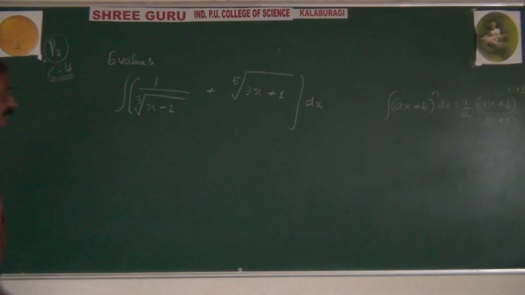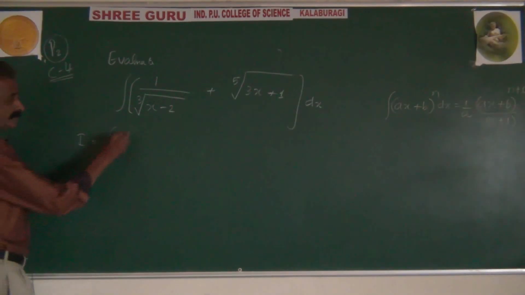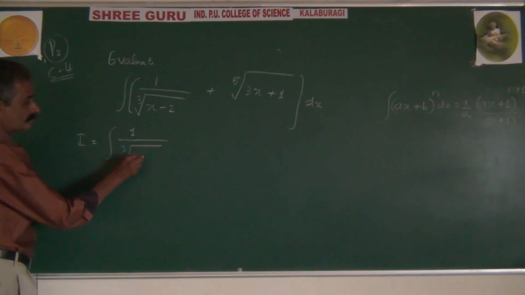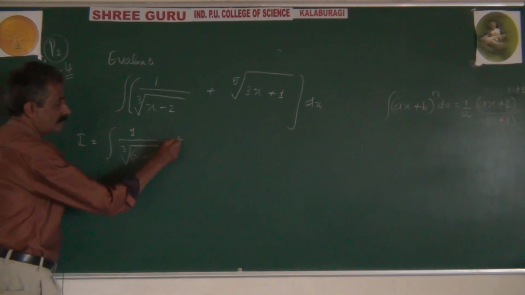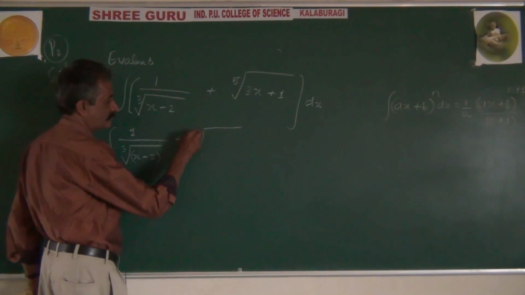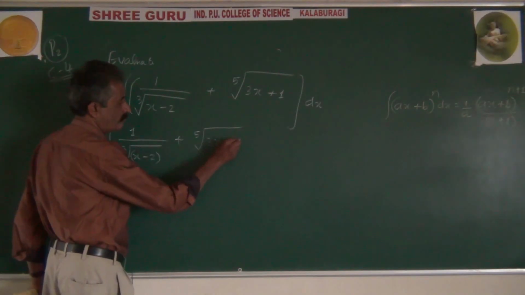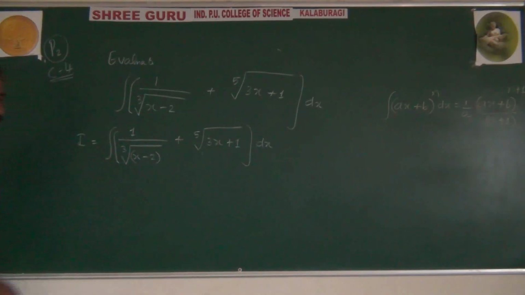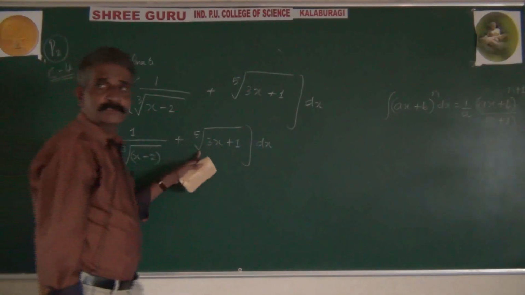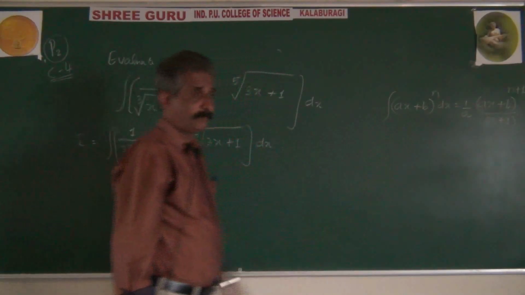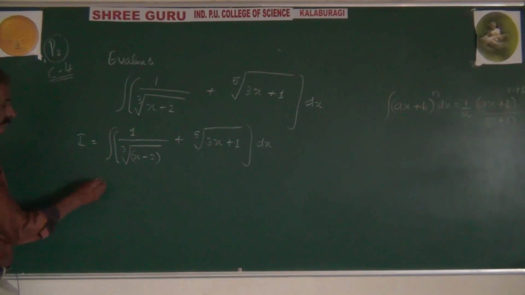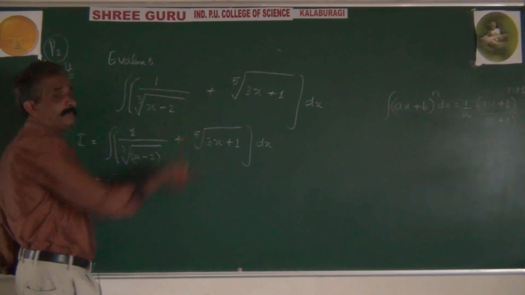First step, let I equal the given problem, means 1 divided by the cube root of (x minus 2) plus the fifth root of (3x plus 1). Right now, these two are not in this formula type, so we shall adjust to that formula type. For that, we shall shift it to the numerator.